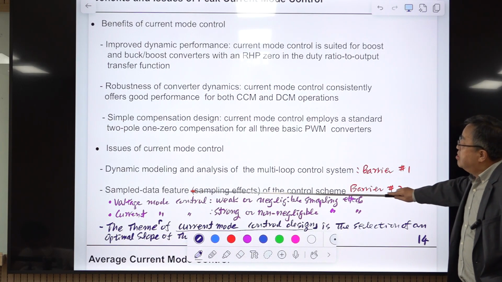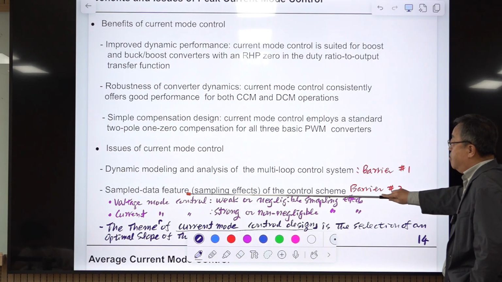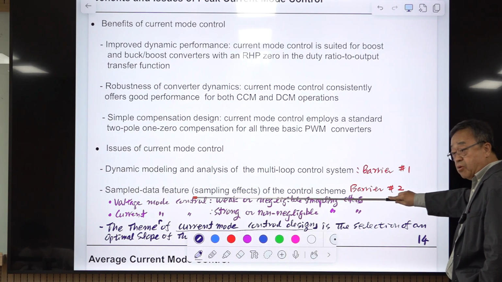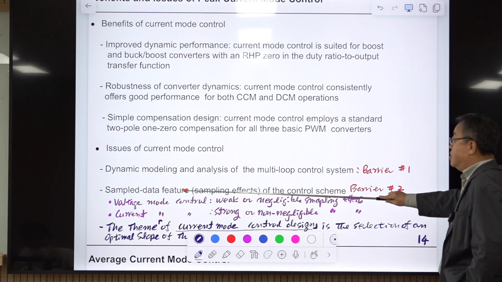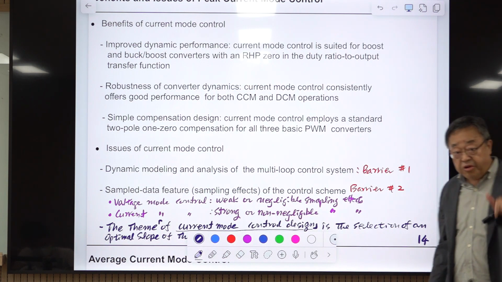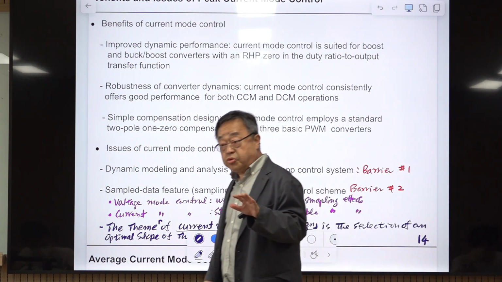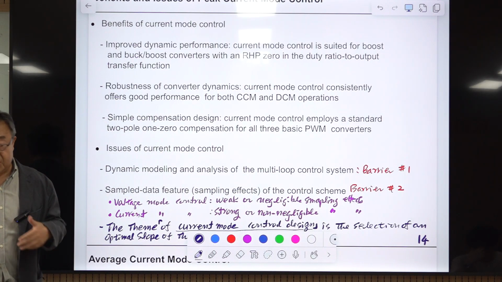This sampled data feature is called the sampling effect of current mode control. Understanding this and incorporating it into the analysis and design of feedback compensation is the second technical barrier for students and for many practicing engineers.